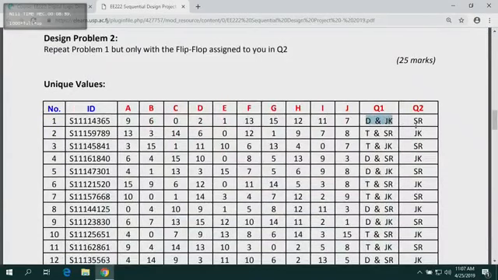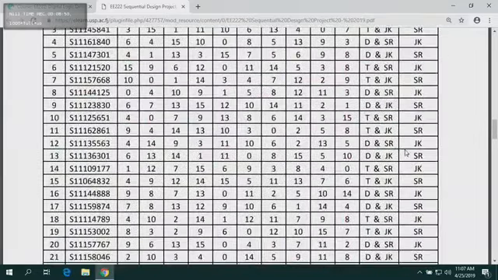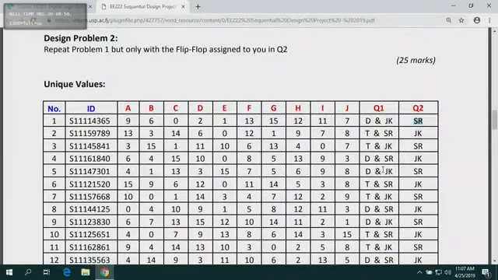In question 1, probably what I would suggest, just to get you warmed up, is to start off with problem 2. Right? In problem 2, the difference is that you only have one type of flip-flop. One flip-flop means you've got only one bit, but really, for the person number 1, his largest number is G, which is 15.